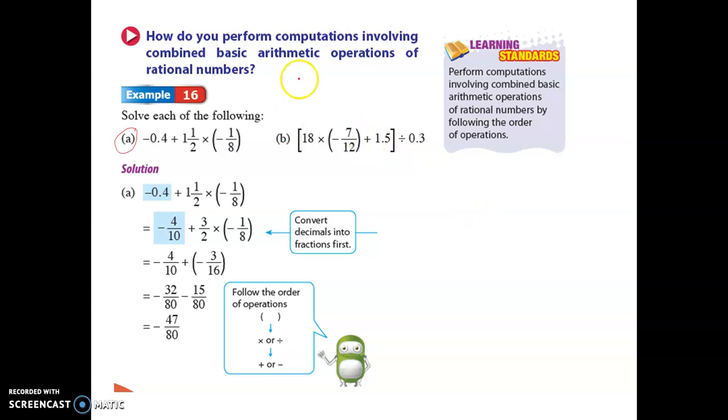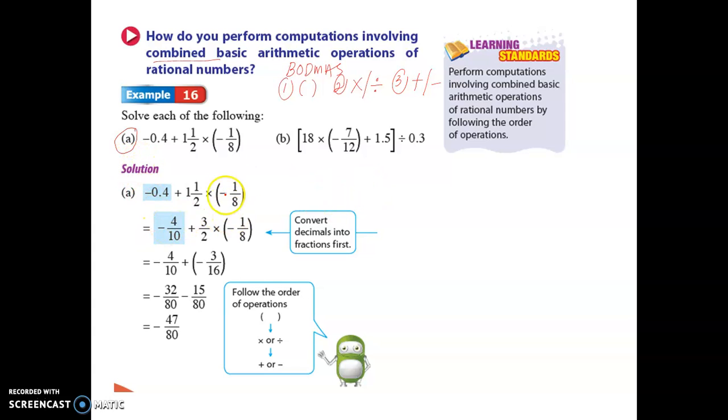For combined operations, do you remember you have to solve using BODMAS rule? By using BODMAS rule, operations inside the bracket you have to solve first, followed by multiplication or division from left to right, and then plus or minus from left to right.